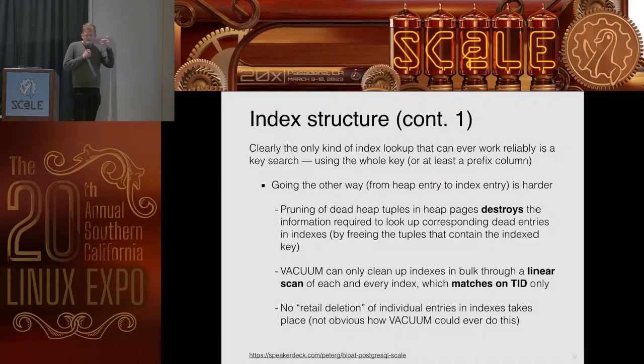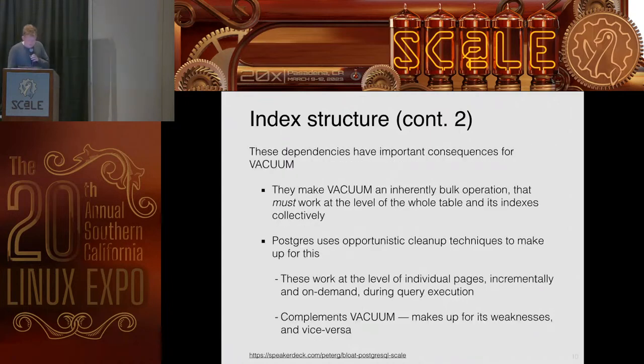So by its very nature, vacuum is a bulk operation that has to do a linear scan of the indexes. It's not incremental at all. It would be convenient, perhaps in some ways, if it was able to do something a bit more like the InnoDB purge thing. It doesn't. So it's an inherently bulk operation.